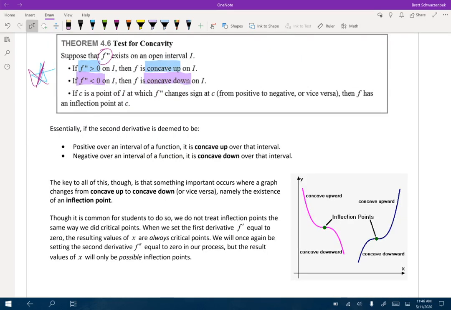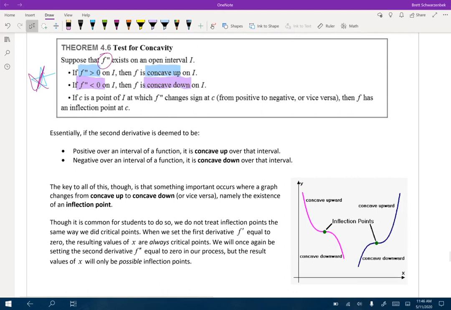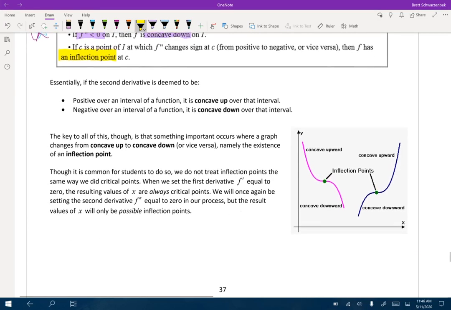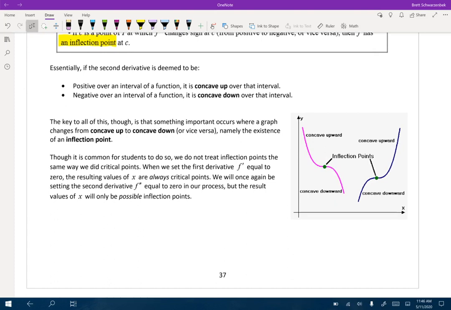We can take that even further and introduce a new term called an inflection point. I'll come up to that dot in a second, but first I want to talk about what an inflection point is. Look at this graph over here.